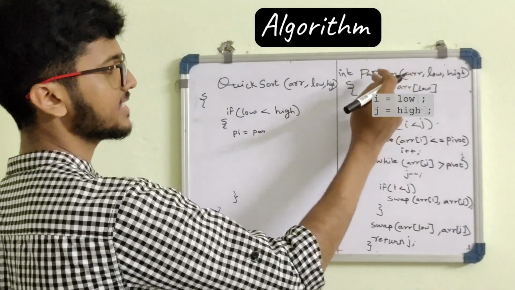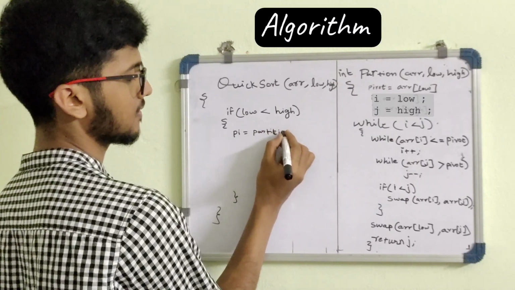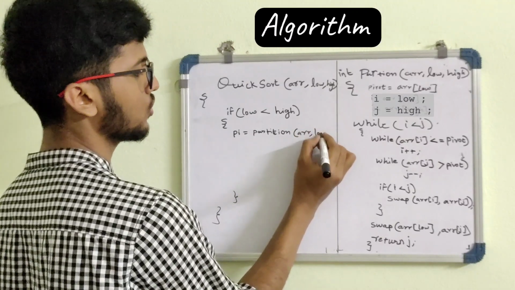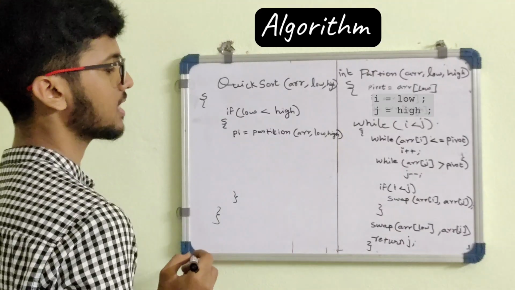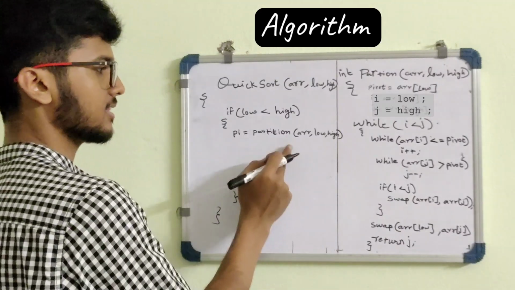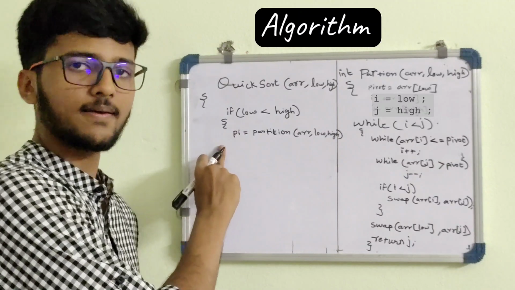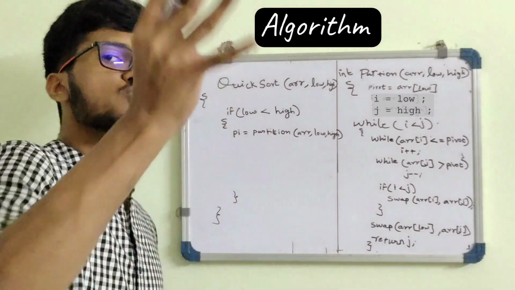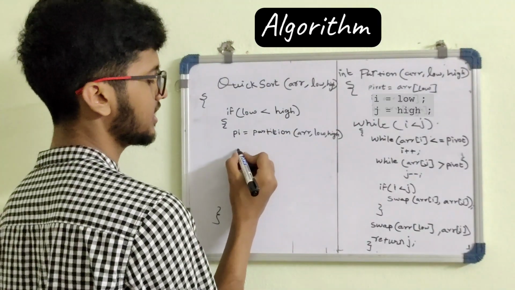We are going to call the function partition of array, comma low, comma high. This is what we are going to pass. After getting this, the function returns a partition index, right? So this partition index later is used to partition and perform the steps again.